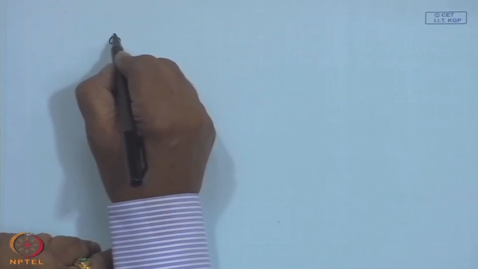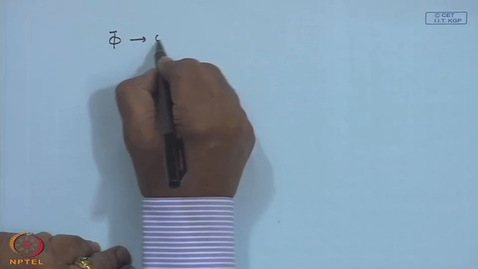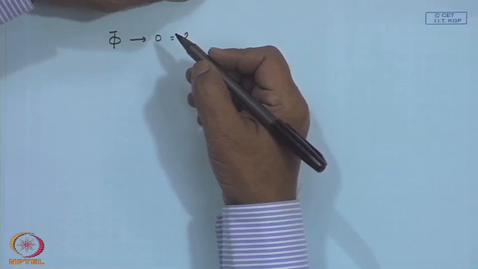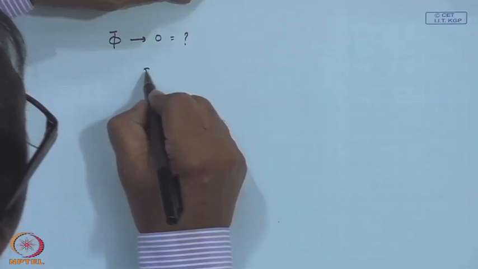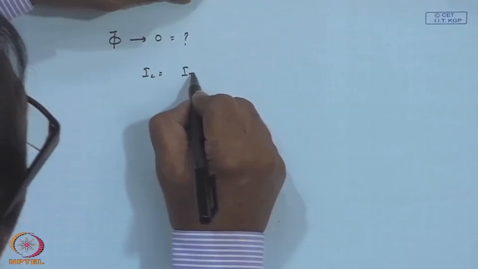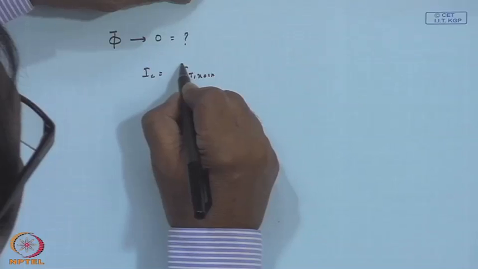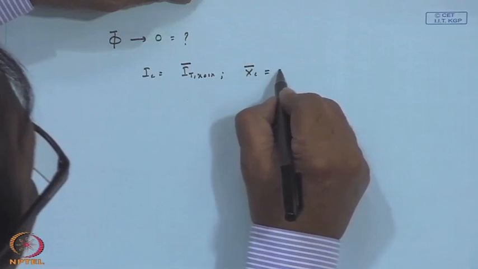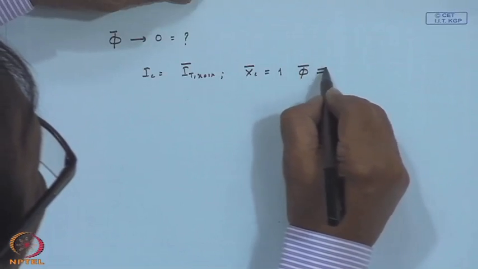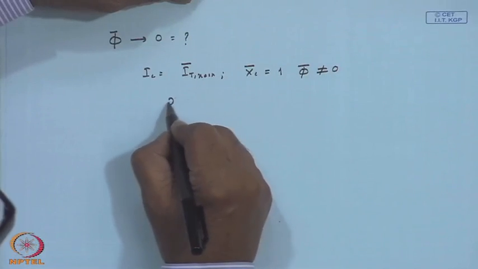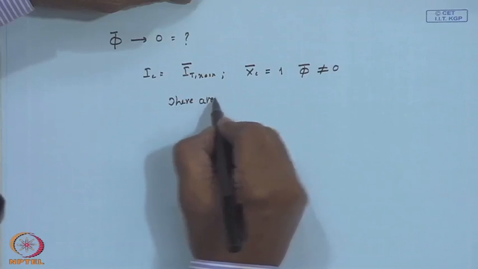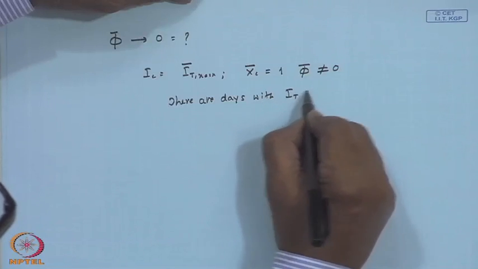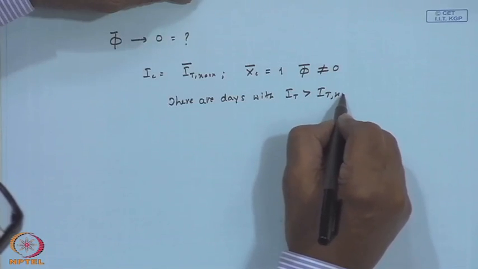Then when will it be 0 for a practical distribution? If you say that I c equals I t noon of the average day, that means x c bar, as we have defined, equals 1, phi bar is not 0, because there are days with I t greater than I t noon.